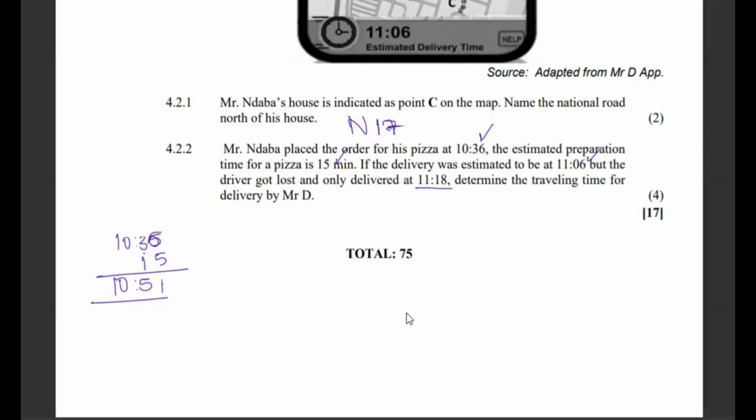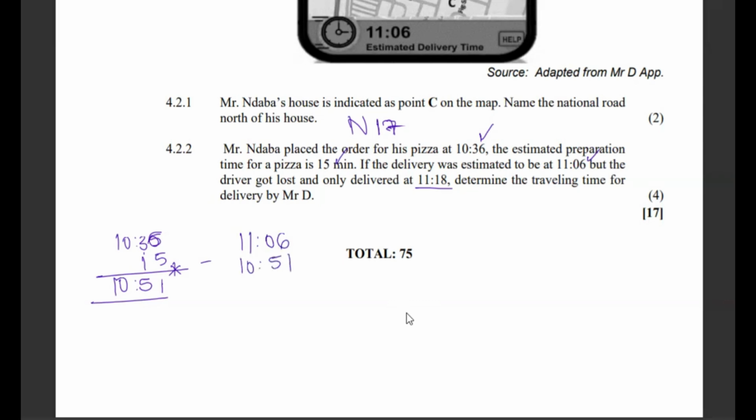But he has to use 15 minutes. So how many minutes are left? We look at the time when it's supposed to arrive and the time when the food was ready.